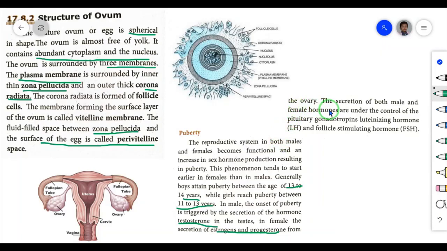The secretion of both male and female hormones is under the control of the pituitary gonadotrophins, luteinizing hormone and follicle stimulating hormone.